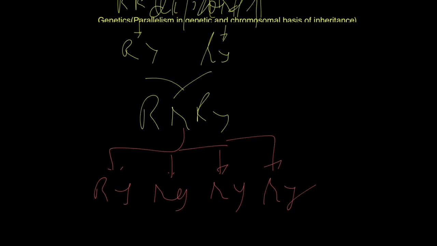The law of independent assortment tells that the genes are independently assorted irrespective of the pair they are present with.